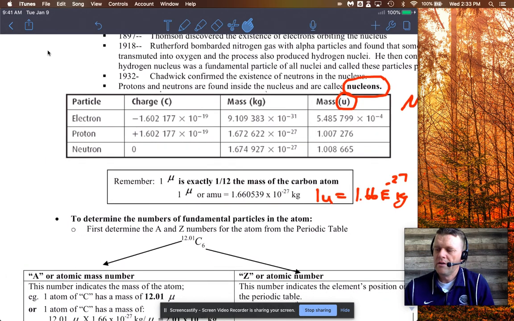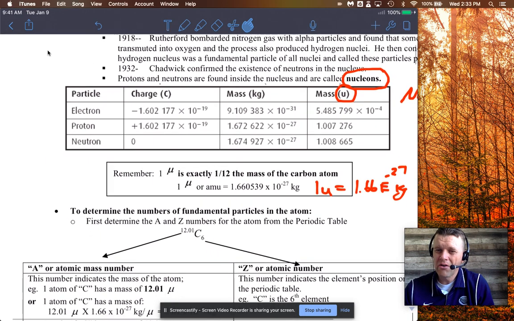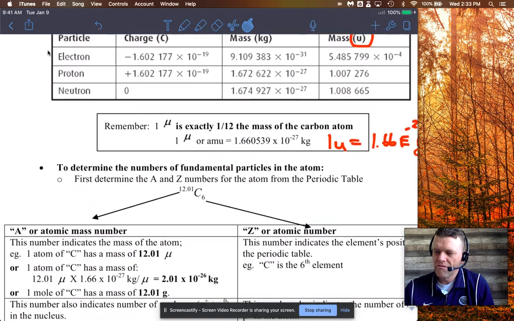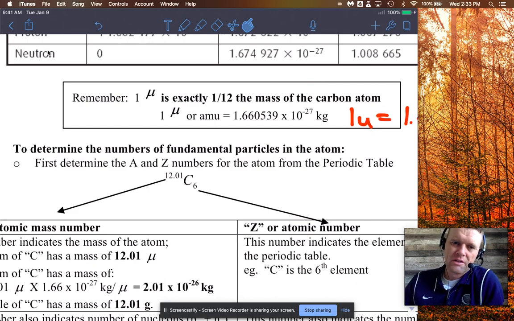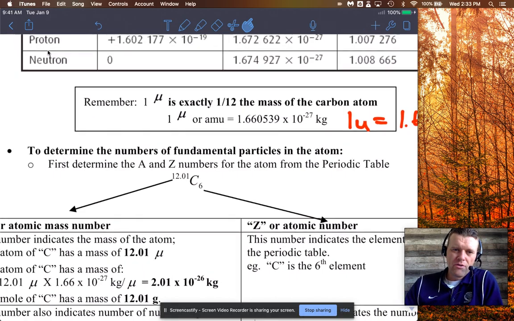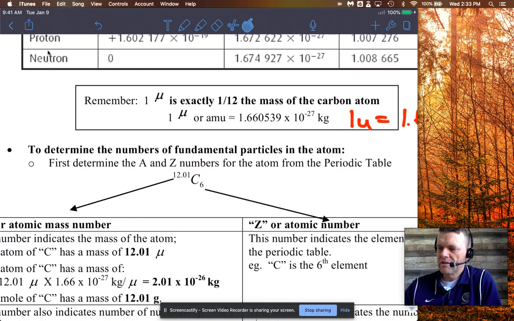Okay. Now, when we're looking at the entire atom, this is a convention that you'll see, and you see it more in chemistry. We really don't use it much in physics, where you have the chemical symbol, and the atomic mass number is written up top, and then Z is called the atomic number, which is written right there.